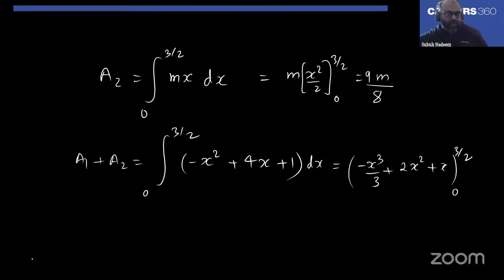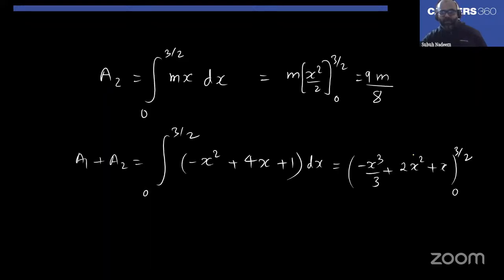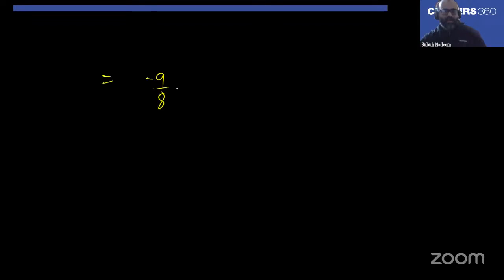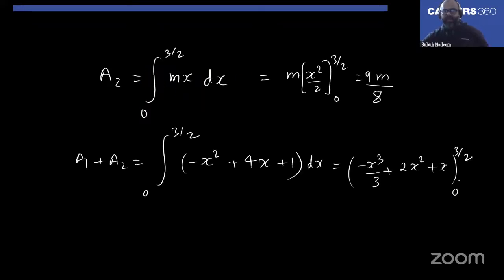So this is equal to, when we put x as 3 by 2, it will become 27 by 8 minus 27 by 8 by 3. That will become minus 9 by 8. So the first term will be minus 9 by 8. Next one will be 9 by 2. And next to that will be 3 by 2. This is what we are getting. Another is 0, 0, 0.